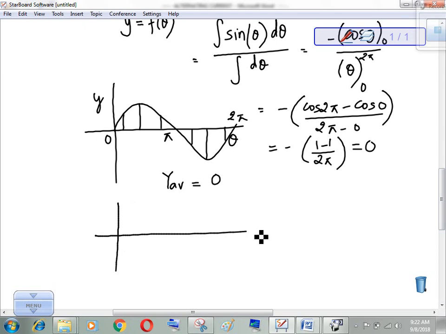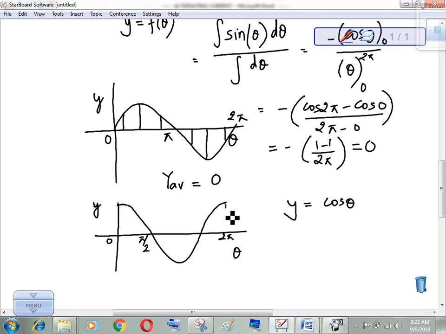Let's say I say y equal to cos theta. If I draw the graph, zero, pi by 2, pi, and the final angle is 2 pi.